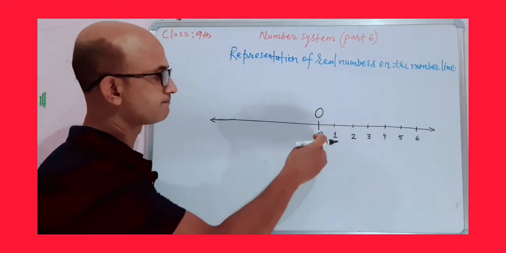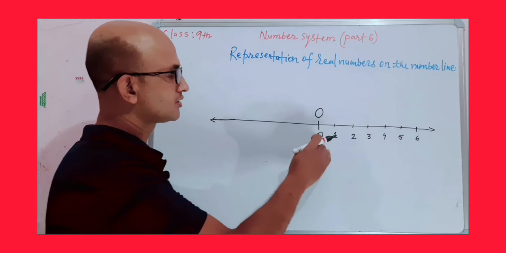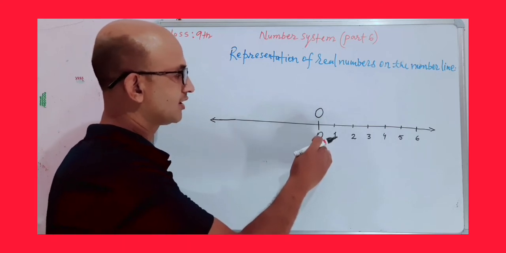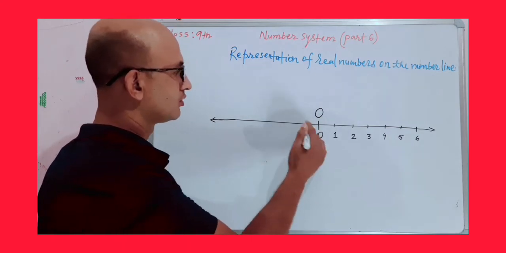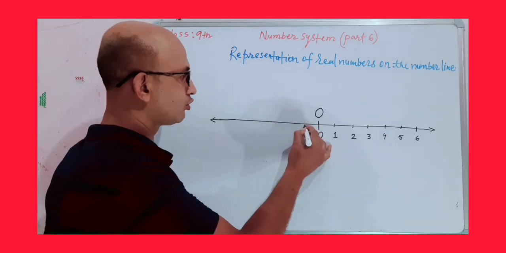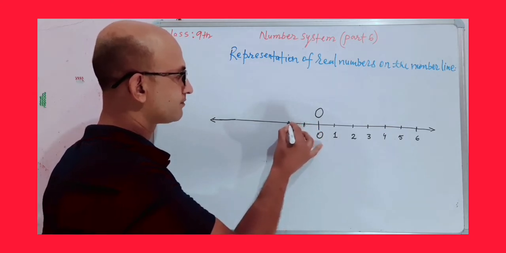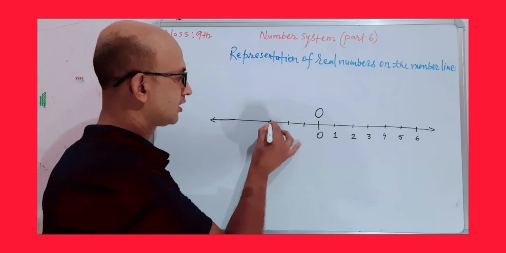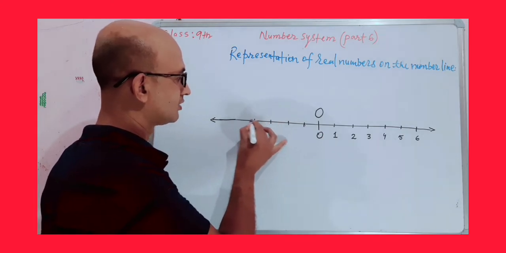Now on the left side of this point O, that is the number 0, we again mark points at equal distances, taking the same scale.